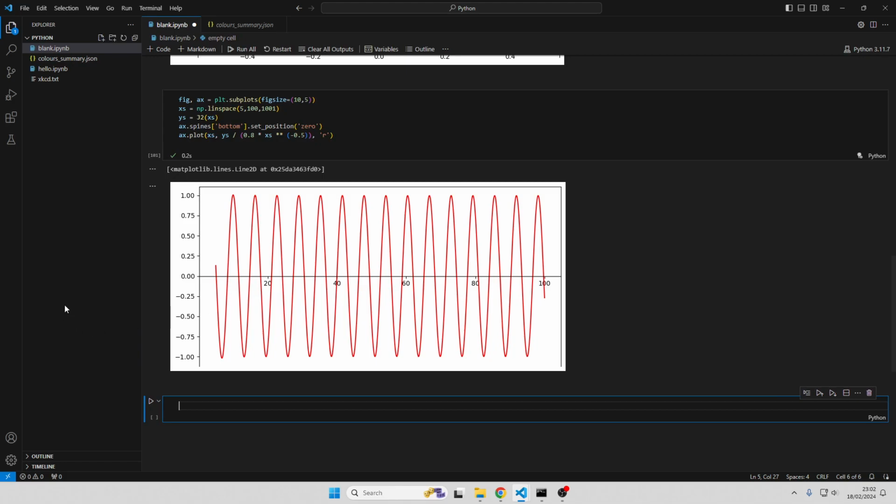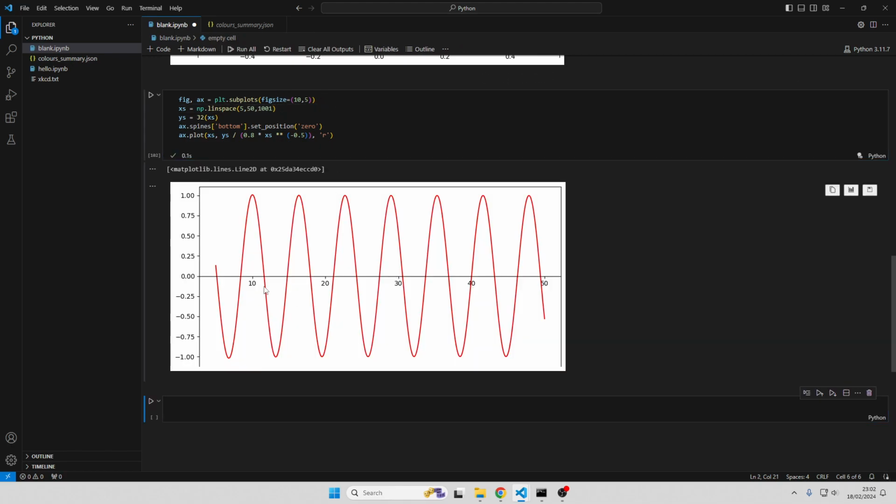Okay, so this is looking very much like a sine function. Actually, let's not plot quite so large a range. Let's just say 50, and then we can see it.